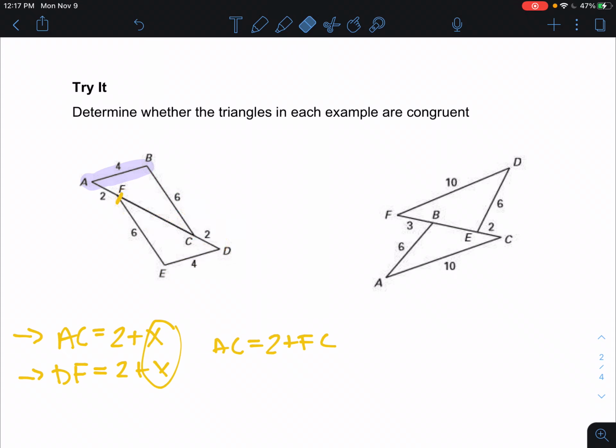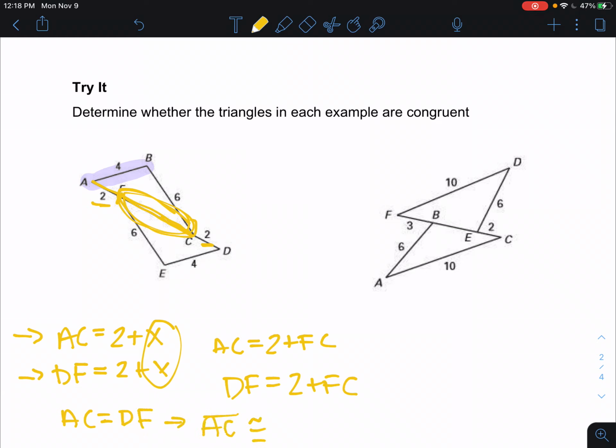See right here? AC equals 2 plus the length of FC, while DF equals 2 plus the length of FC. Meaning AC is equal to DF, which means AC is congruent to DF. Looks like we have a congruent triangle.